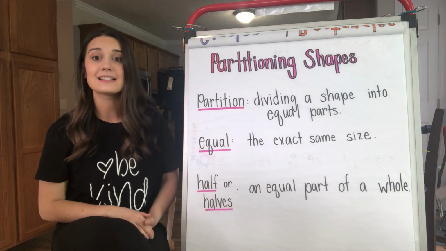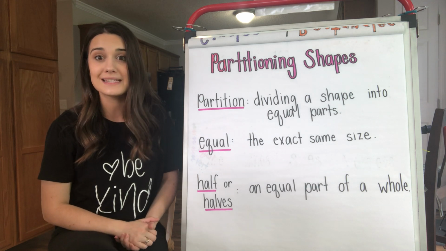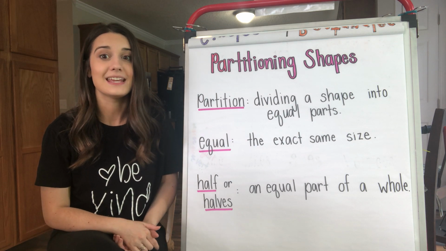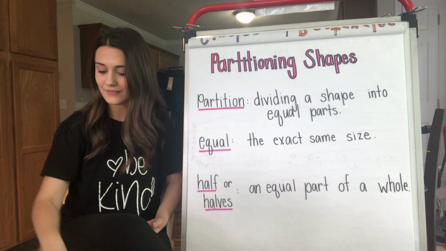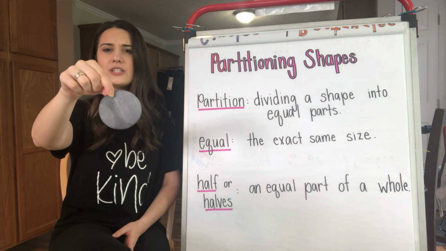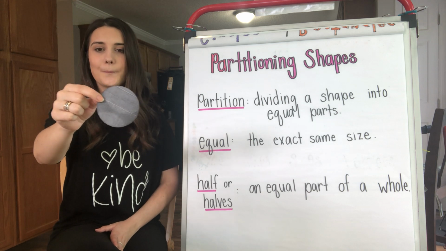So one of the things that the brother and the sister ate or had to share in the story was a pizza. If you have a whole pizza, what shape is it? It is a circle. So I have a circle right here, and look at this circle. What can we do to make sure we have equal parts of this circle? What's something we could do?